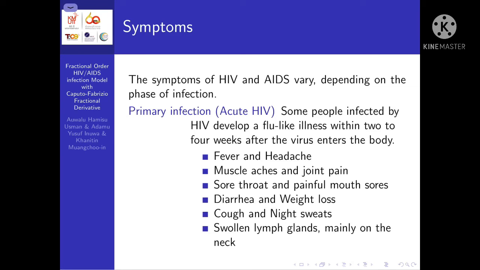The first, fever and headache. The second, muscle and joint pain. And the next, sore throat and painful mouth sores. And the next, delirium, weight loss, cold, and night sweats. And the last, swollen glands, mainly in the neck.